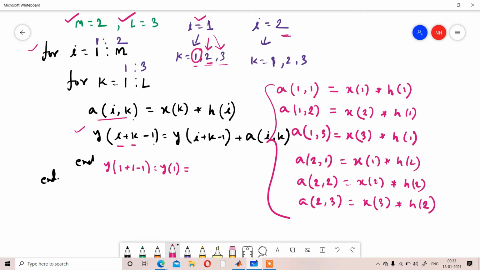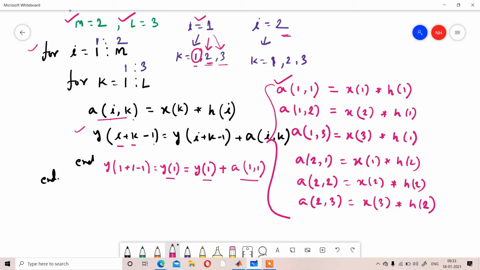So y1 value will be y1 plus aik. I 1 k 1, so aik means a11. So first y1 you are getting y1 plus a11.